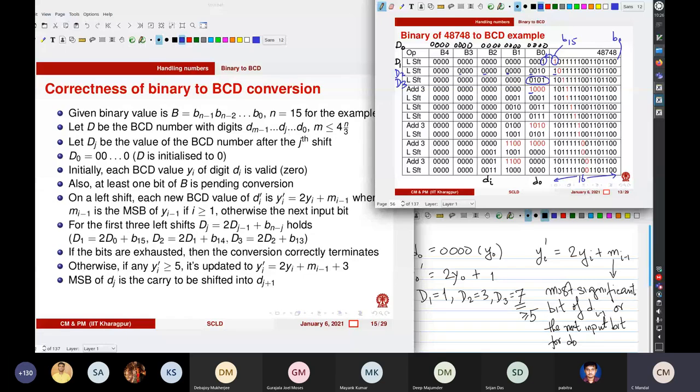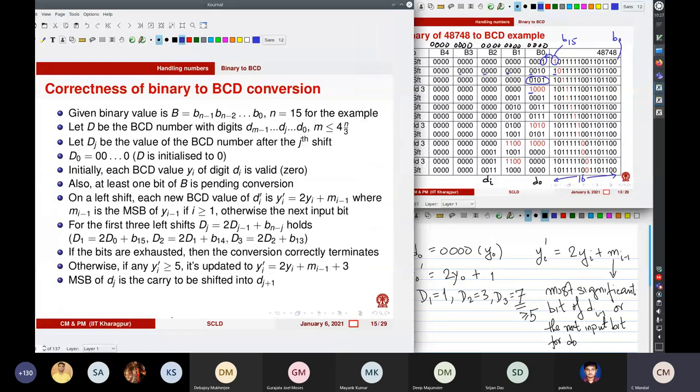That is the whole idea of this adjustment, because 5 or more means this bit will always be 1. So this is really the next significant bit that will become the next significant bit of the higher digit after shifting. That's why the MSB of Dj is the carry to be shifted into Dj plus 1. That is what is going to happen.